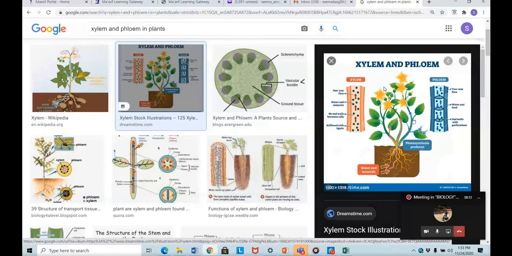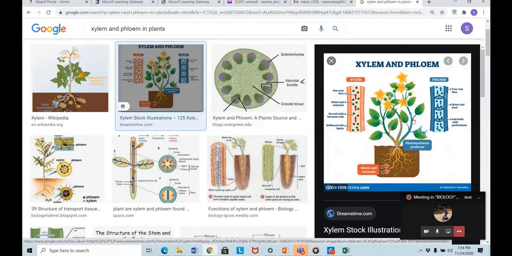So the xylem gets the water from the roots, and the phloem, after photosynthesis, takes the sugars or the nutrients and sends them to the other parts of the plant. Yes, very good. It distributes the glucose to the other parts of the plant. That is the function of the phloem and the xylem.